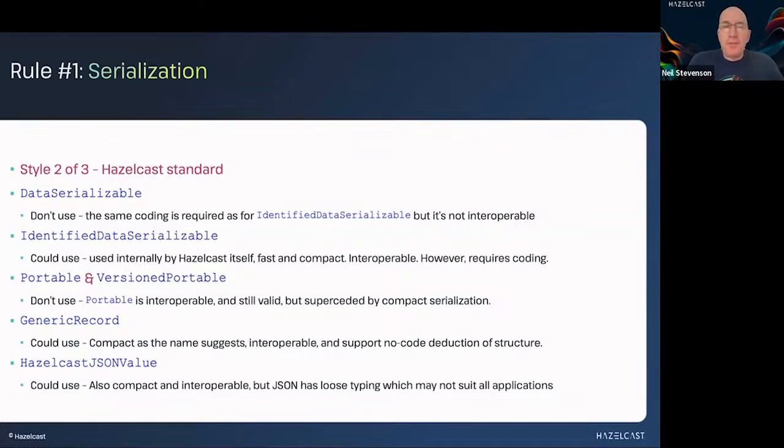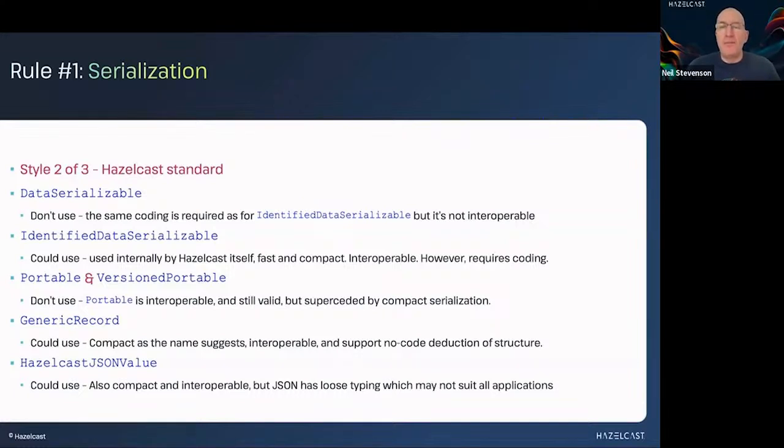We have a couple of other versions, and we've highlighted them as don't use and could use. And these are guidances. If your system is using them, that's not a problem. We're just saying, well, we've thought of a better way to do this. So Portable and the versioning of Portable is okay. It's interoperable.